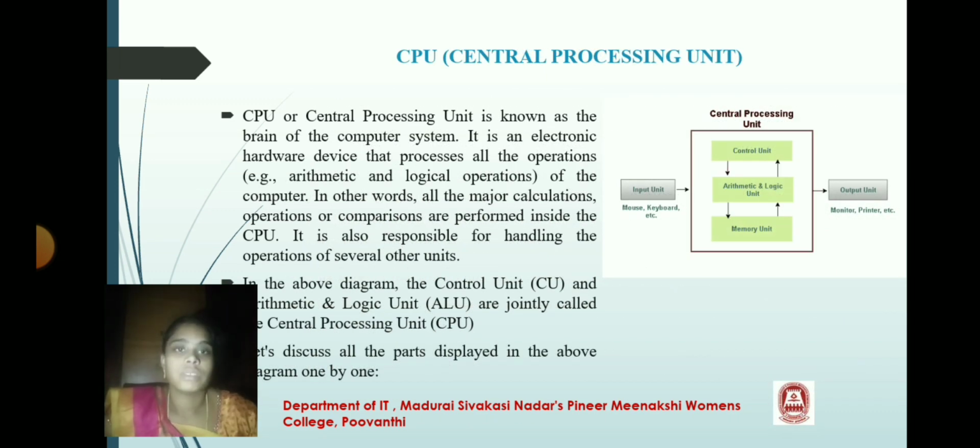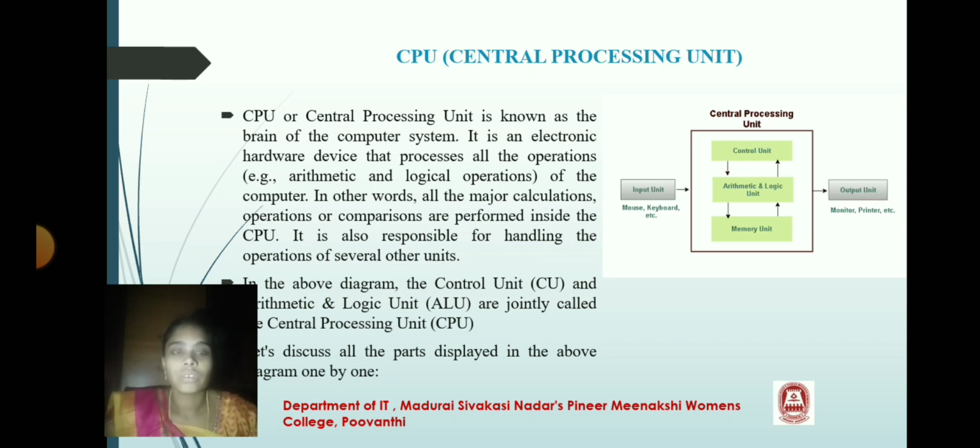The central processing unit is known as the brain of the computer system. Sometimes it is known as the heart of the computer system, because it is the main thing for a computer. It is an electronic hardware device that processes all the operations. It may be arithmetic operations or logical operations.